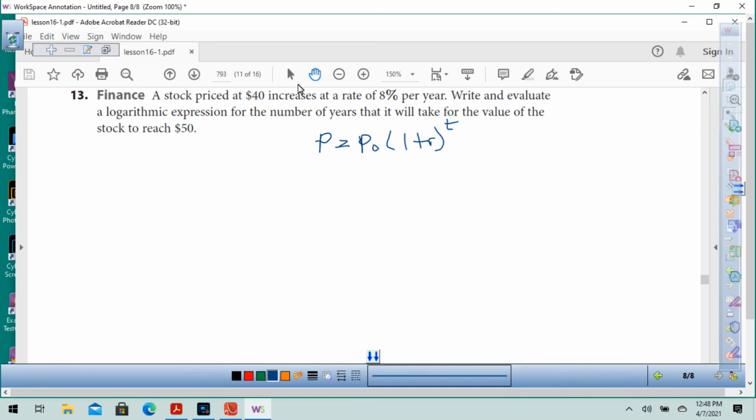Okay, so we're gonna make that into a log. So we got log 1 plus R P equals log, and that's 1 plus R P sub 0 times 1 plus R to the T, right?